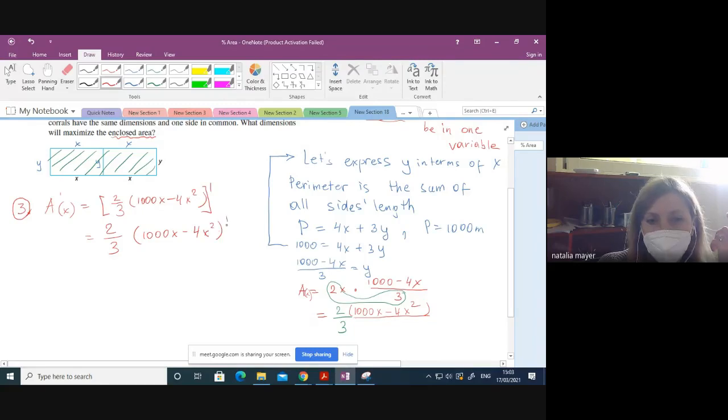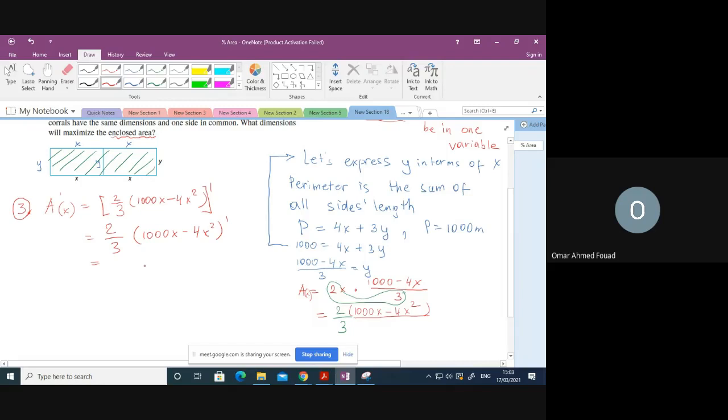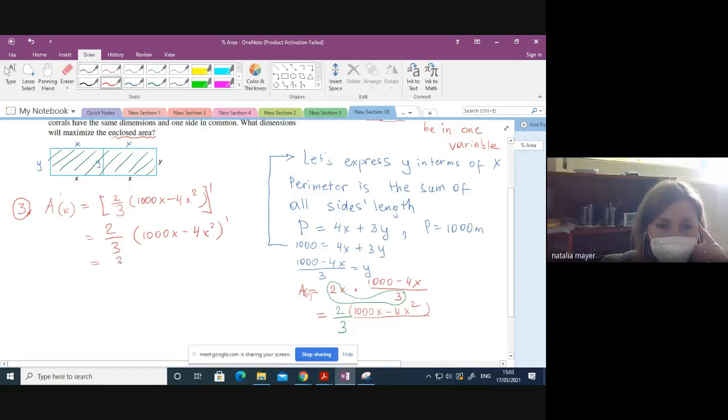And this is easy because you don't have any composite functions or product rule or whatever. So who would like to tell me the derivative? The derivative would be 1000 minus 8x. So 2 over 3 times (1000 minus 8x). Okay? And that's it.